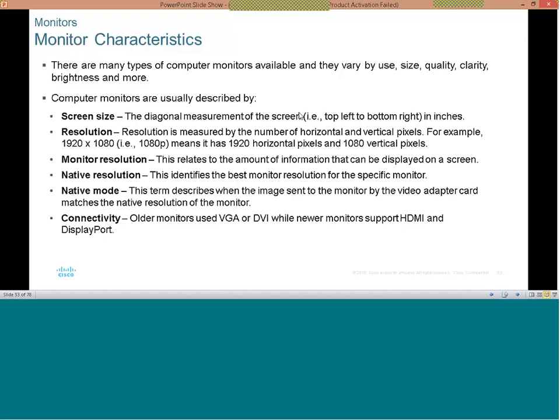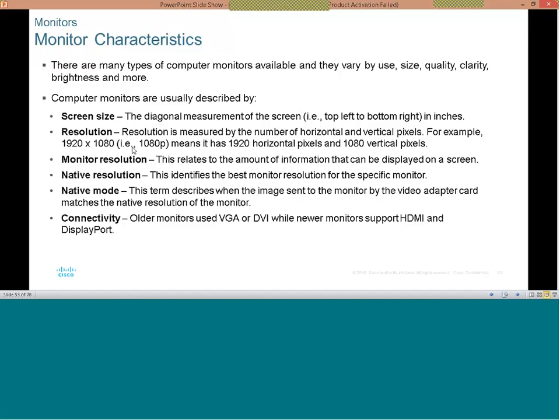Resolution is measured by the number of horizontal and vertical pixels. For example, 1920 by 1080 means that it has 1920 horizontal pixels and 1080 vertical pixels. So these are resolutions, and you can adjust the settings.